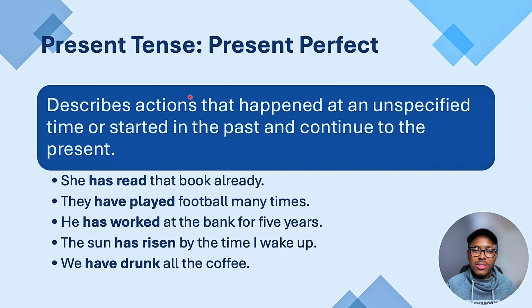Present perfect describes actions that happened at an unspecified time or started in the past and continue to the present. She has read that book already. They have played football many times.